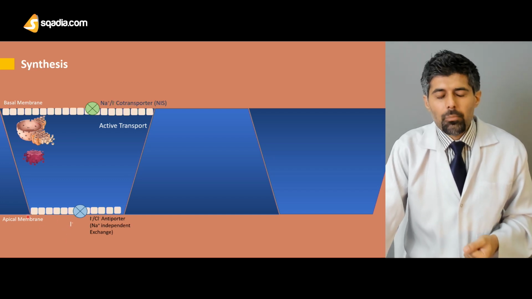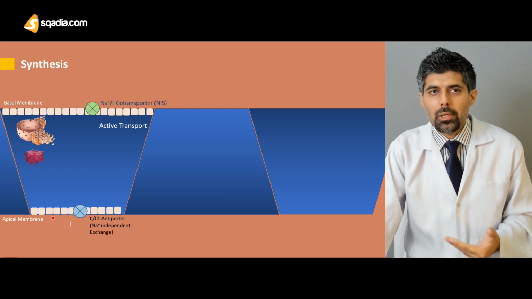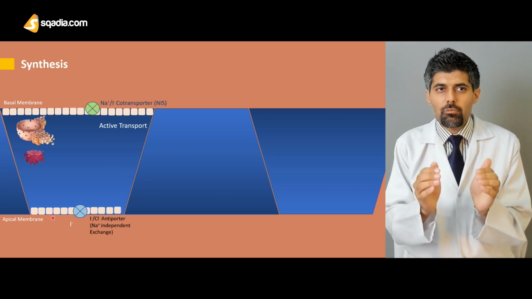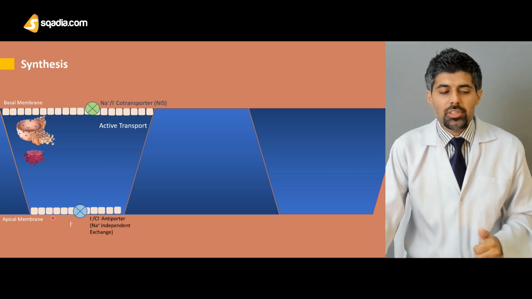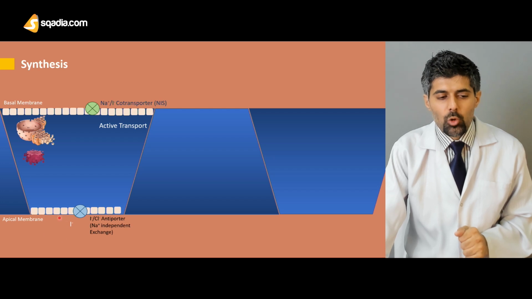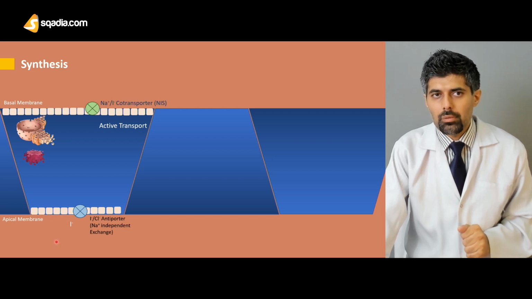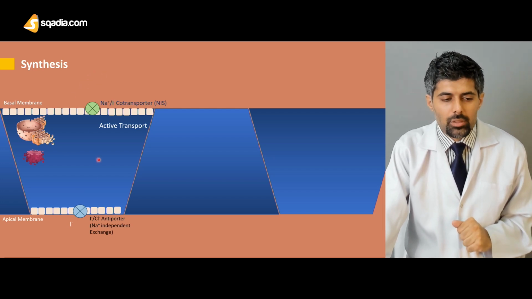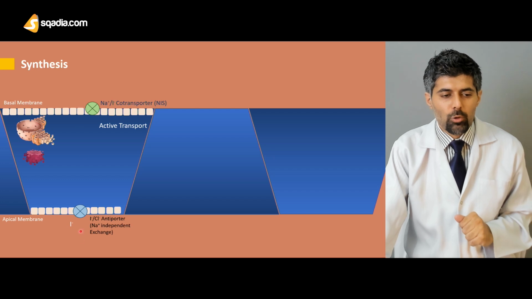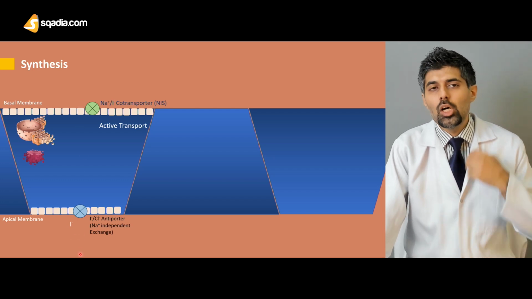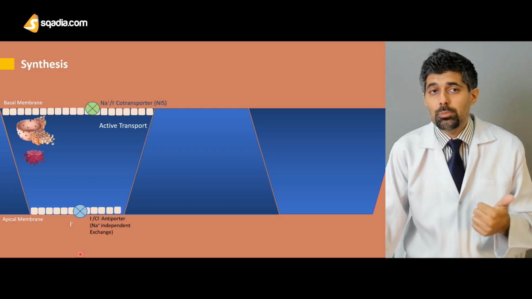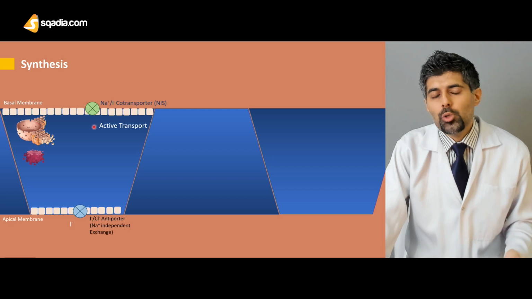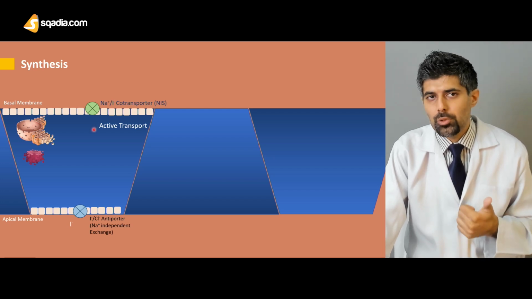Now this other membrane is known as the apical membrane, and this apical membrane is the membrane which is found inward of the follicle, and this is the one which comes in contact with the thyroglobulin. Now the iodine which moves from the blood all the way through the follicle and into the thyroglobulin moves through two transporters. The first one which is mentioned here is the sodium iodide co-transporter.